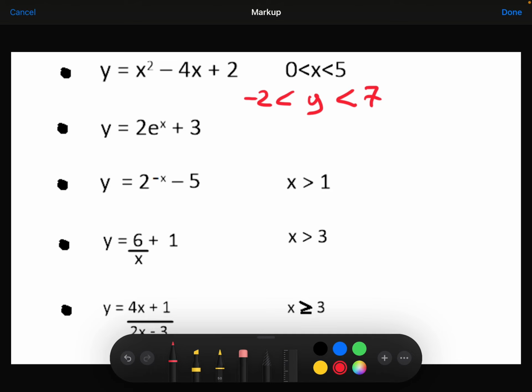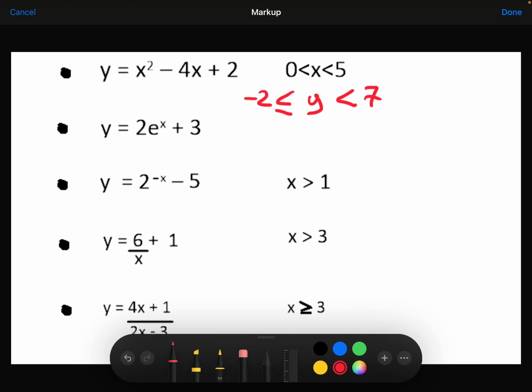And now I just need to think, should I have lines underneath here or not? Could it equal minus 2? Well, yes, it can equal minus 2, because we saw that the y coordinate does equal minus 2 in that domain when the x coordinate was 2.